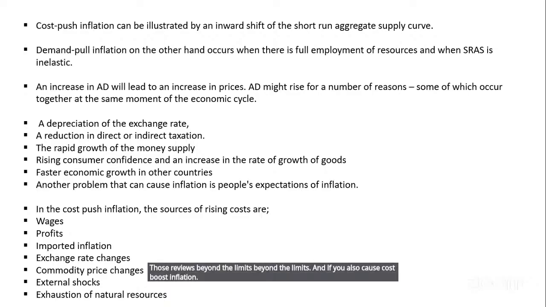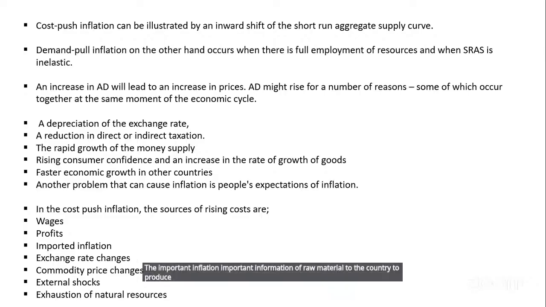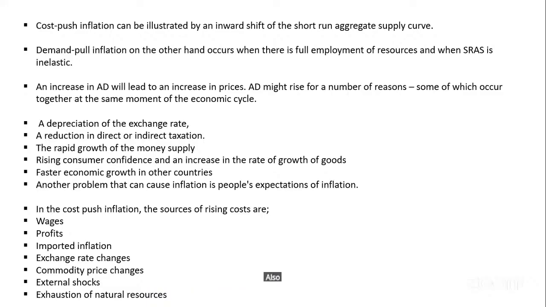Imported inflation: when there is importation of raw material into the country to produce goods and services, the high cost of imported raw material will lead to cost push inflation. Exchange rate changes, that is depreciation of exchange rate, can also cause cost push inflation.